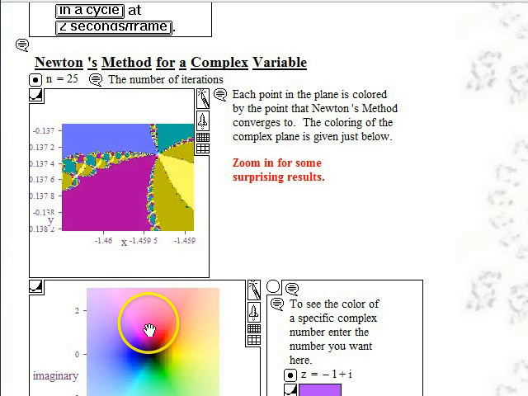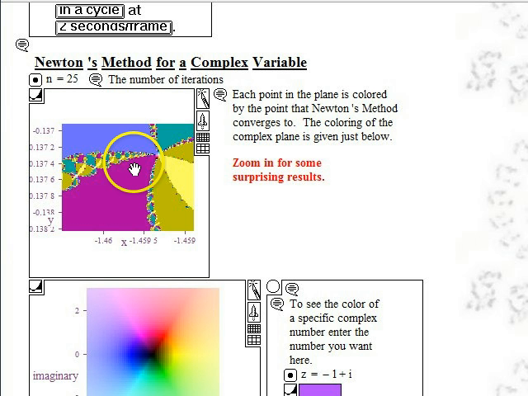Then it looks and sees what the result is, and you can see that points very close together are getting different results because they're being colored different colors. And there's all sorts of different patterns that we see. I can still see the 5 x-intercepts in the 5 different colors here, the light yellow, the dark yellow are the 2 positive reals. This shade of blue is the negative real, and then these 2 are the complex roots.